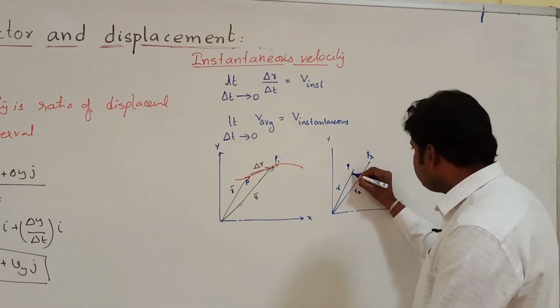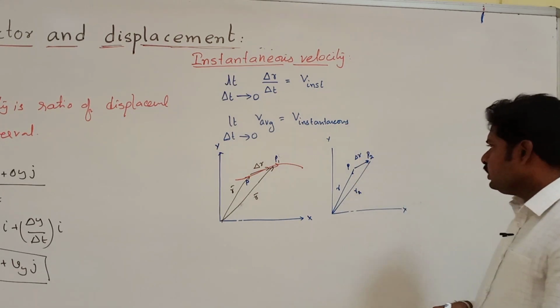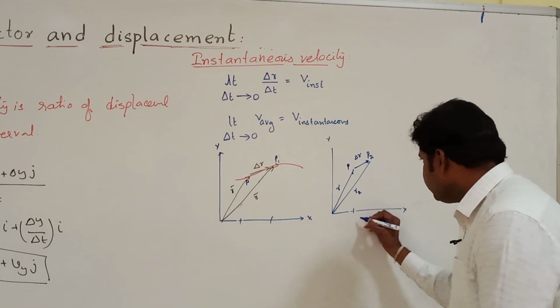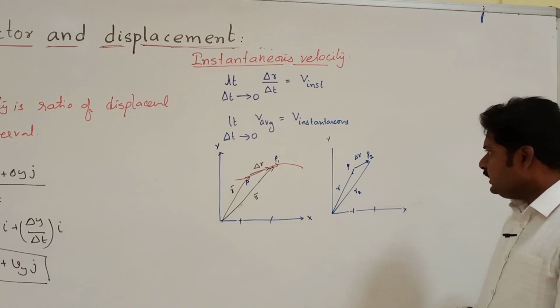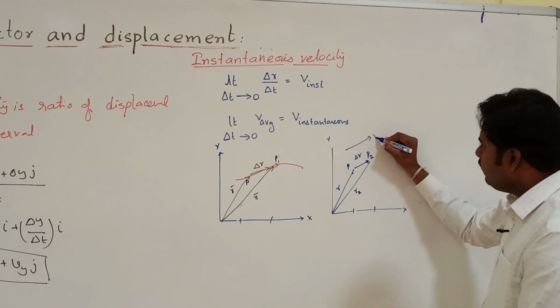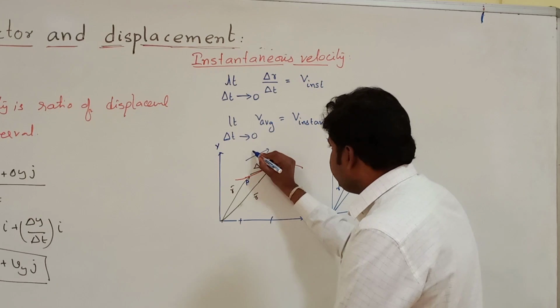Now this is called delta R. So compared to here, the delta T value is becoming less, and this is, of course, called the velocity direction.